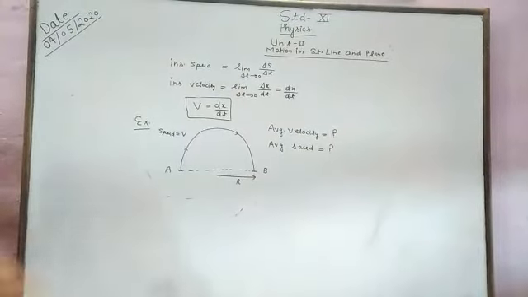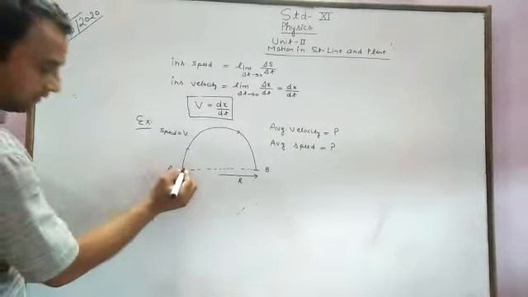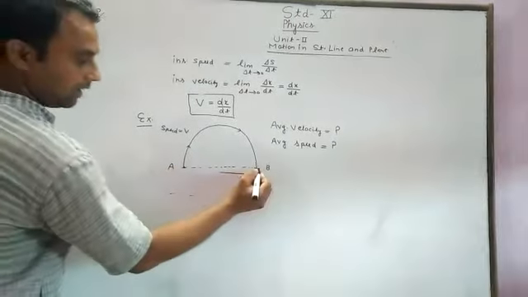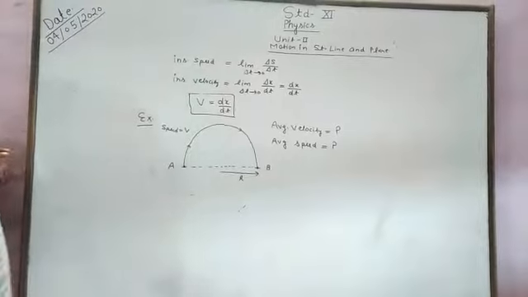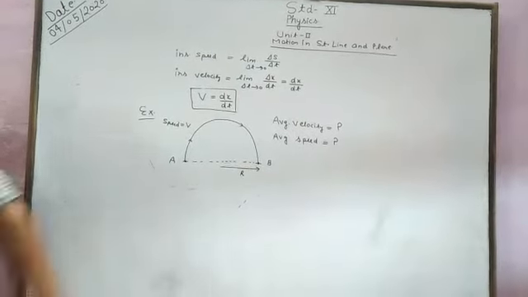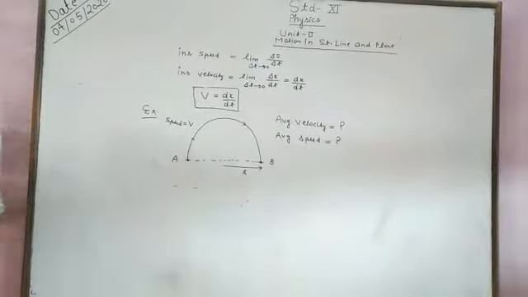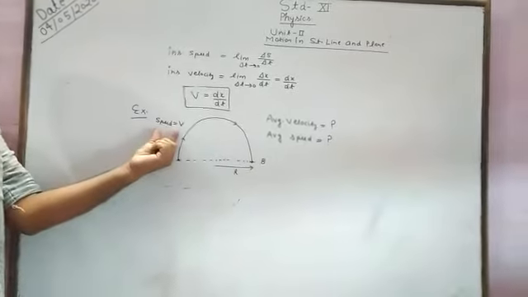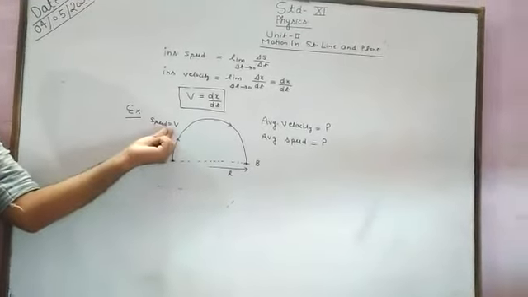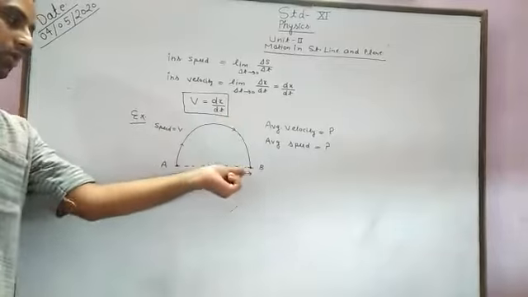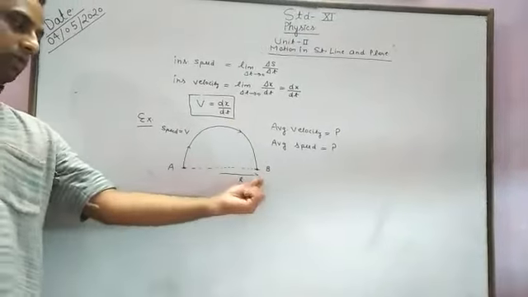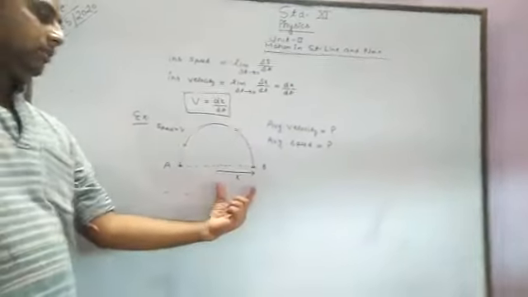If a particle is moving from point A to point B, what is the average velocity? First we have to determine the value of average velocity. The particle moves with a speed v along the semicircular path from A to B, and the radius of the circle is r.